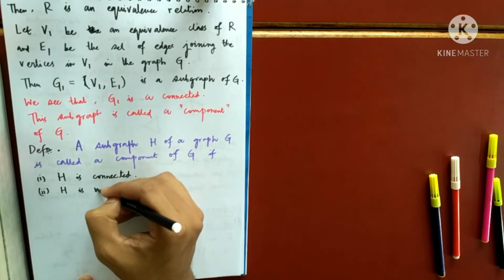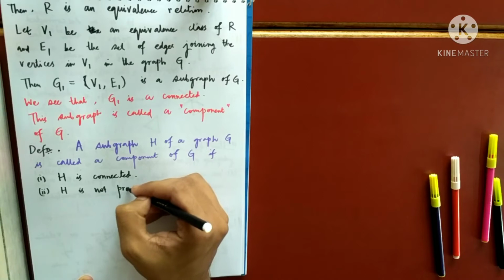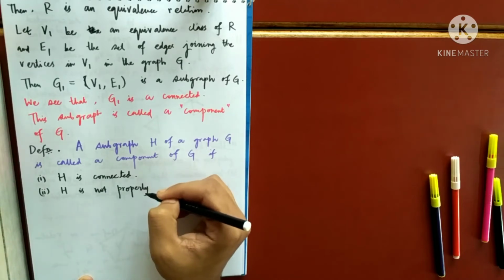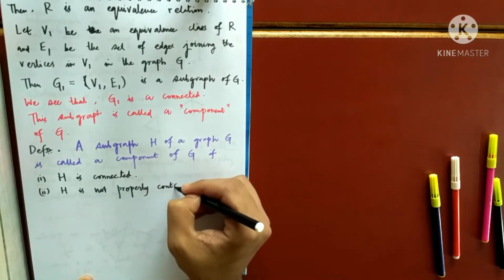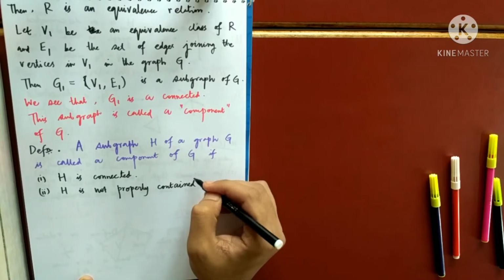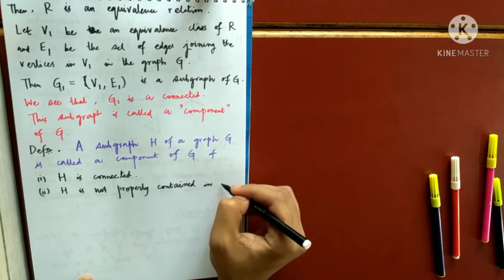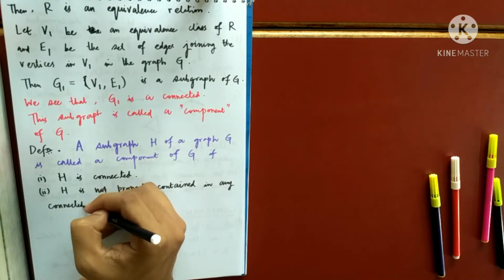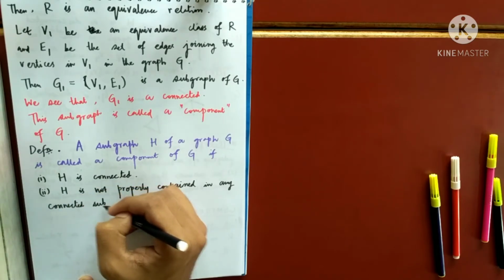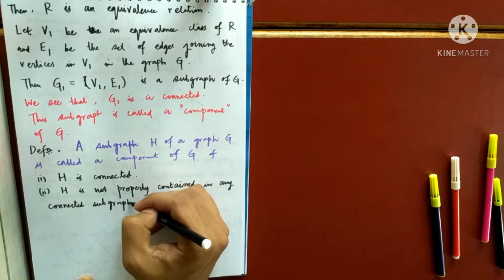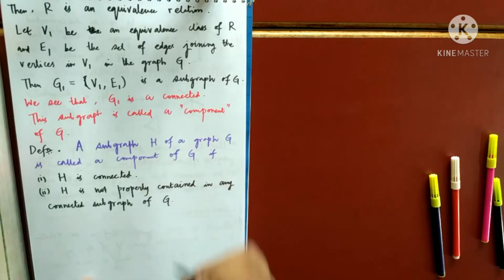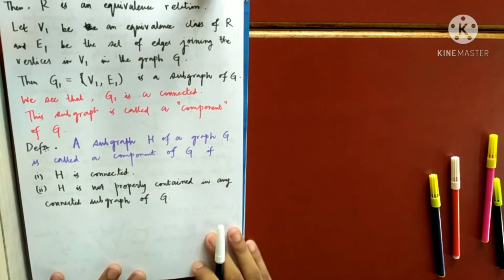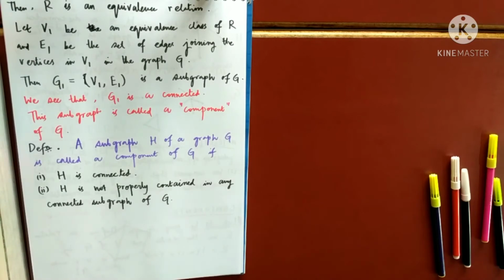H is not properly contained in any connected subgraph of G. So basically they are maximal, this is what we mean by maximal elements, but anyways I will not be defining the term maximal.